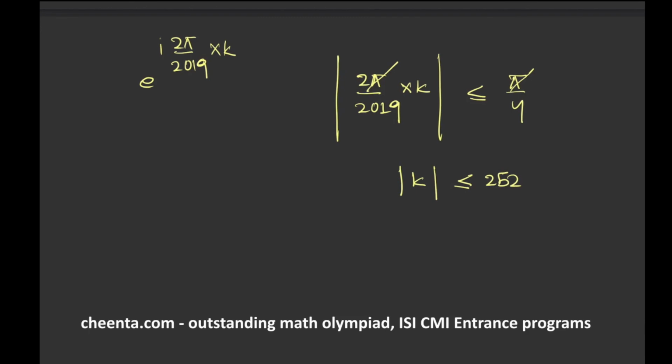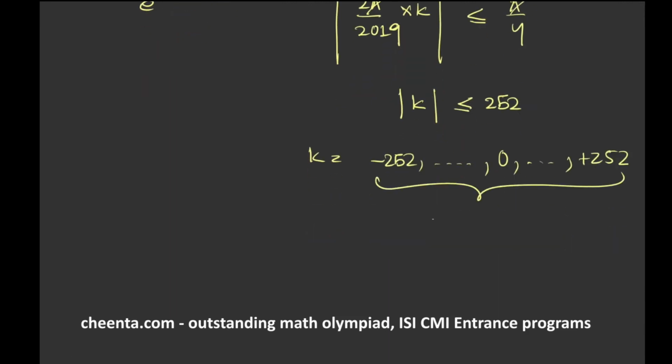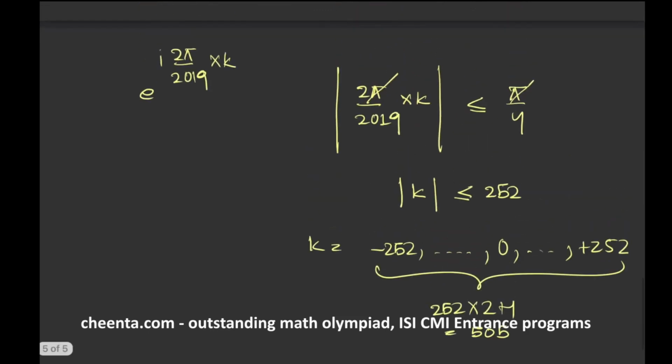Now that means k can be all the values starting from minus 252 going through 0 till plus 252. And how many numbers are those? They are just 252 times 2 plus 1, that is 505 numbers.